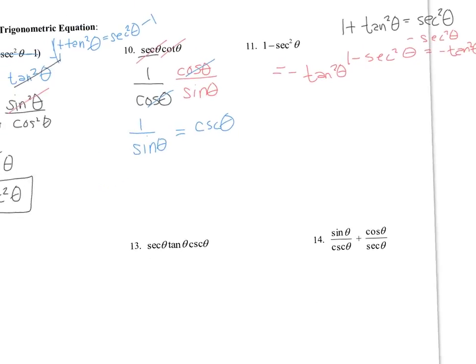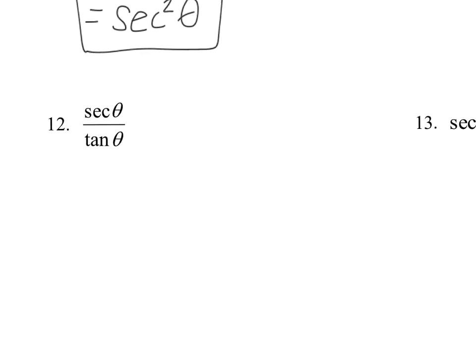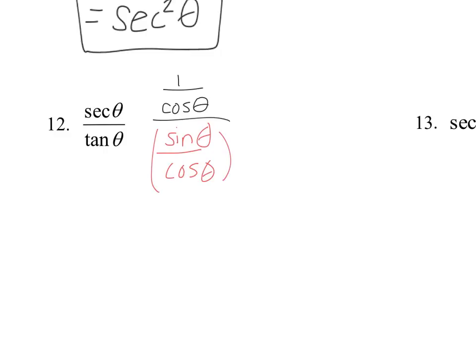Okay, number 12. I don't see any Pythagorean identities. So what I'm going to do is I'm going to take secant and write it as 1 over cosine. And I'm going to take tangent and write it as sine over cosine. So remember, when you divide fractions, you're going to invert and multiply.